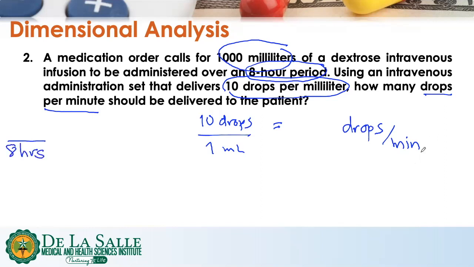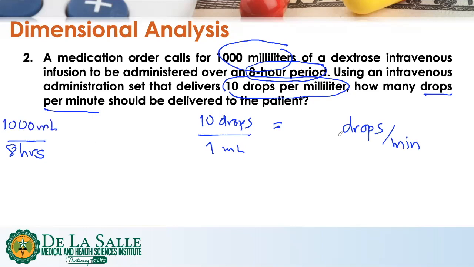Remember that the medication, which is dextrose intravenous infusion, must be taken over an 8-hour period. And the volume of the medication is 1,000 milliliters. So we can place 1,000 milliliters in the numerator.